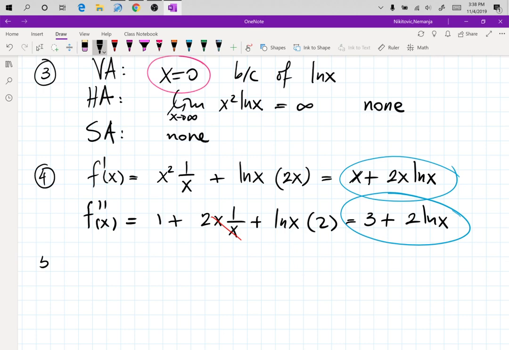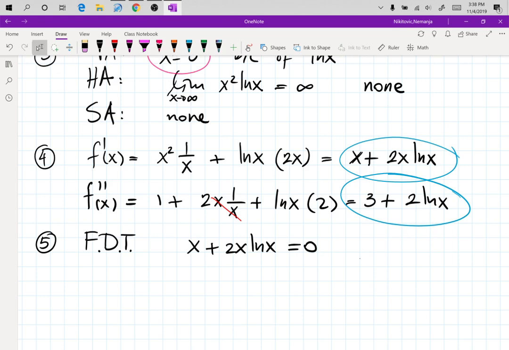And now we can do the first derivative test. For the first derivative test, we have x plus 2x ln x equal to 0.